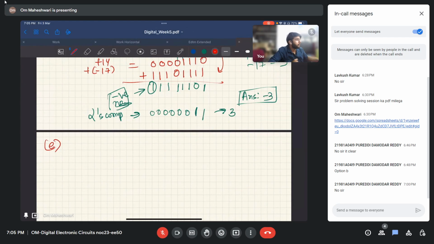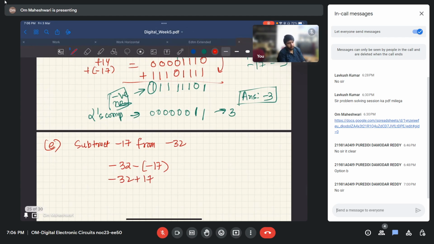Go to E. So you have to subtract minus 17 from minus 32. So we have to do minus 32 minus 17, or we can write minus 32 plus 17, right?